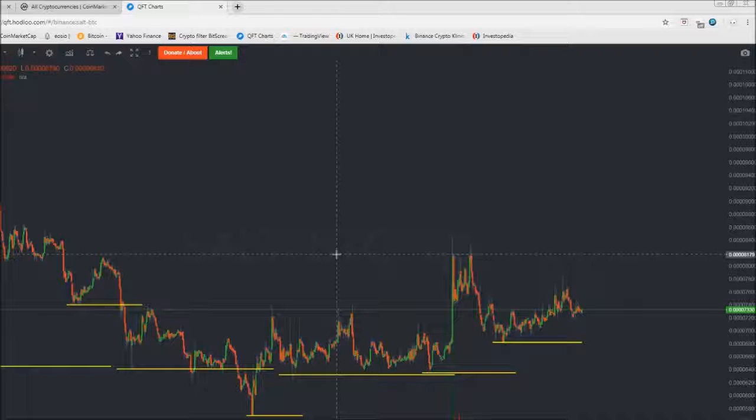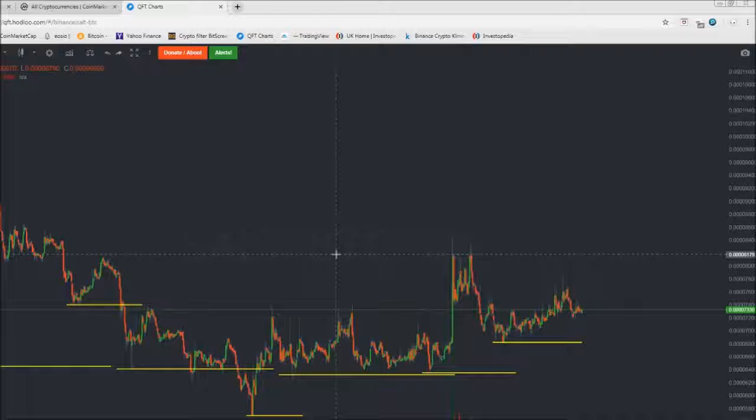Okay, so let's get straight into it then. What are support and resistance levels? Well, they are pretty self-explanatory. If you think of them as ceilings and floors, what the stock's trying to do is sometimes it's confined within that room, within that space, that floor and ceiling, and at other times it breaks through the ceiling, or sometimes it can fall through the floor.